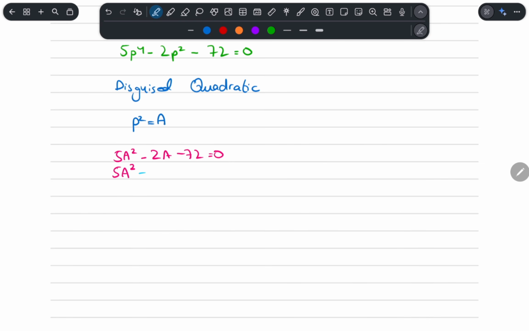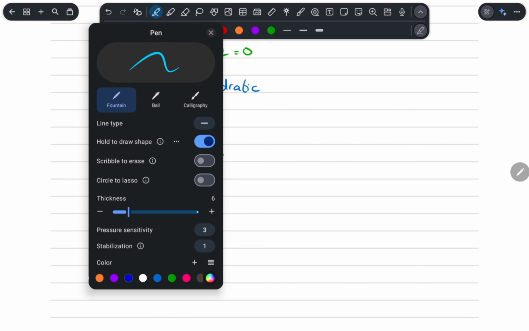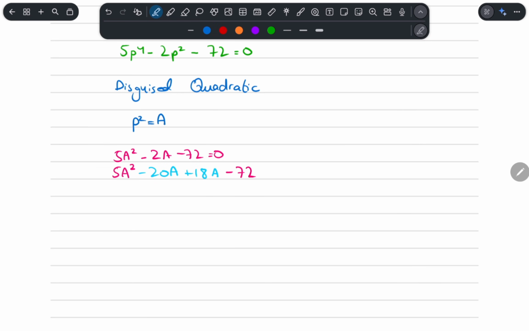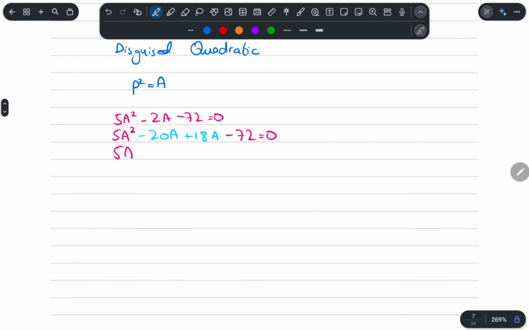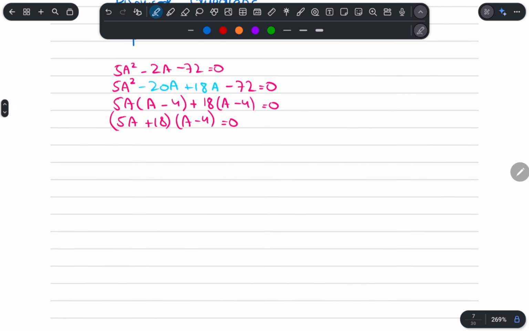So the factors are 5a squared minus 20a plus 18a minus 72 equals 0. 5a(a minus 4) plus 18(a minus 4) equals 0. (5a plus 18)(a minus 4) equals 0. 5a plus 18 equals 0, a equals minus 18 upon 5, or a minus 4 equals 0 and a equals 4.